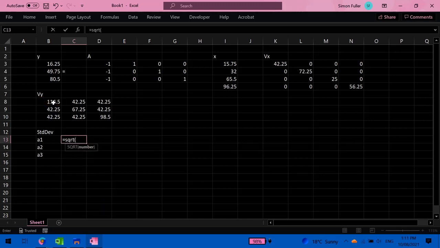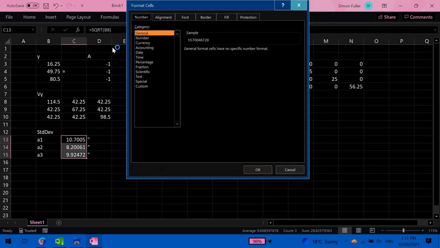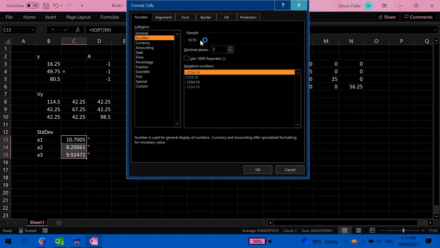So we can do that again using Excel. And these are in seconds. Just tidy them up a little bit, make them a bit easier to read.